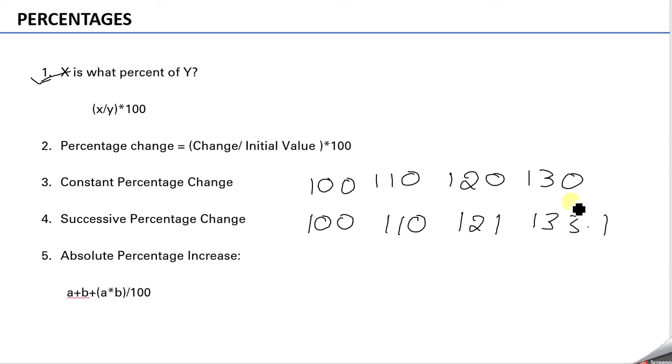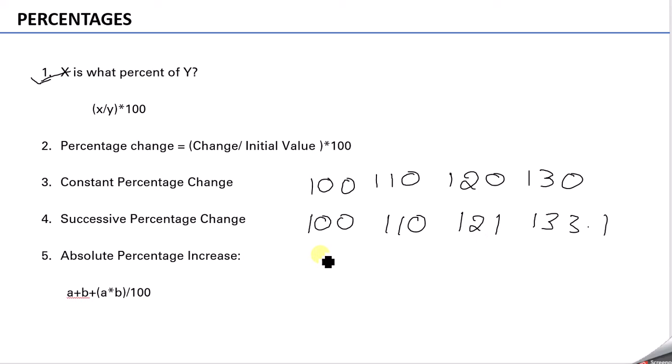This is the basic difference between constant change and successive percentage change. You will see more of such concepts in simple interest and compound interest, so that topic basically comes from this.